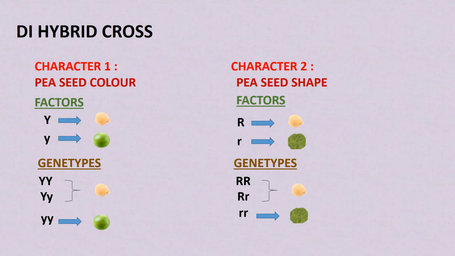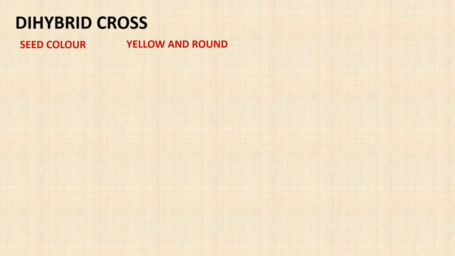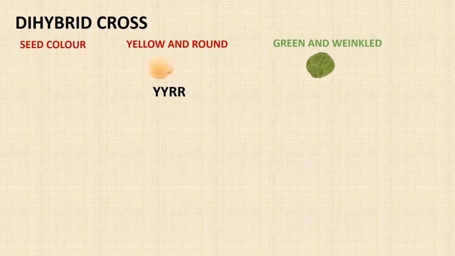For this experiment, he took a pure breed of yellow and round seeds and a pure breed of green and wrinkled seeds. The factors of yellow and round seeds are capital Y capital Y, capital R capital R, and the pure breed of green and wrinkled seeds are small y small y, small r small r.